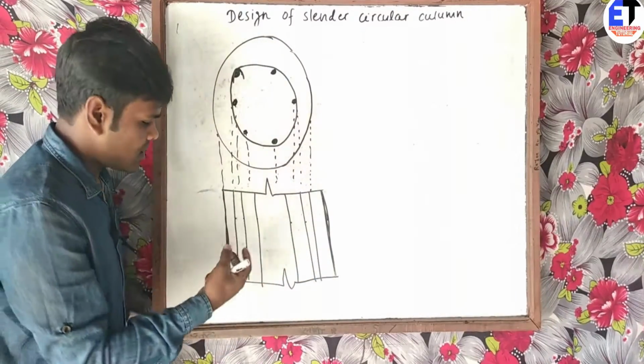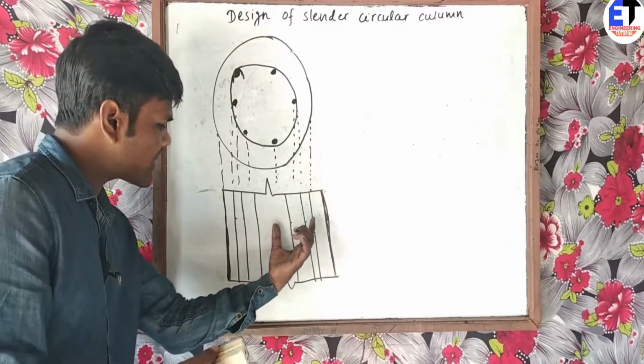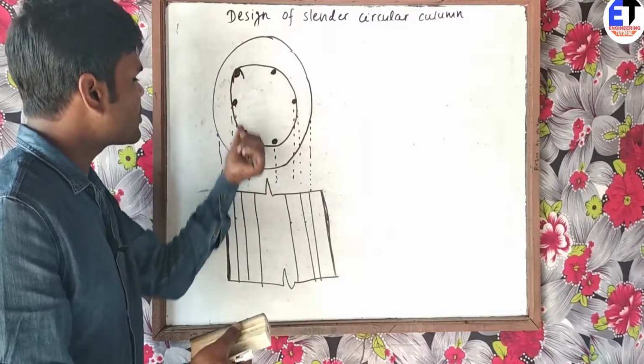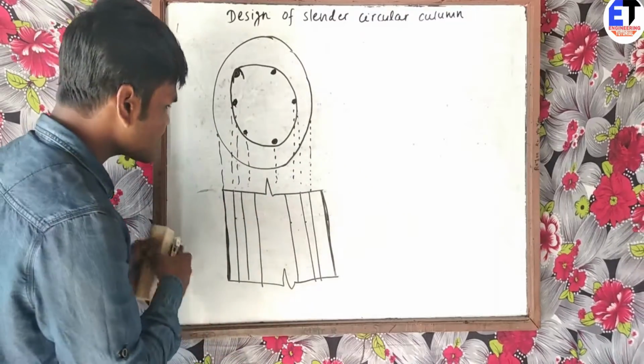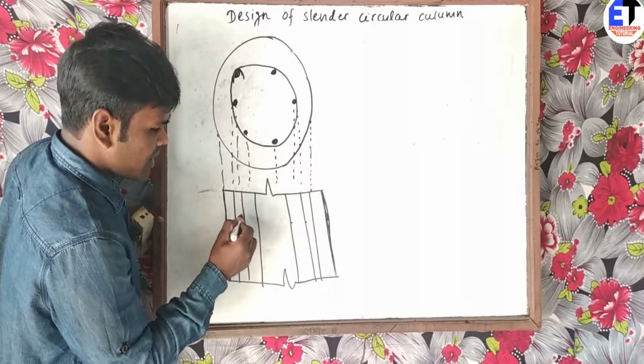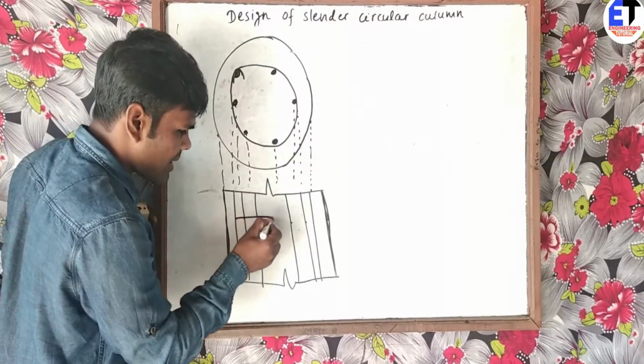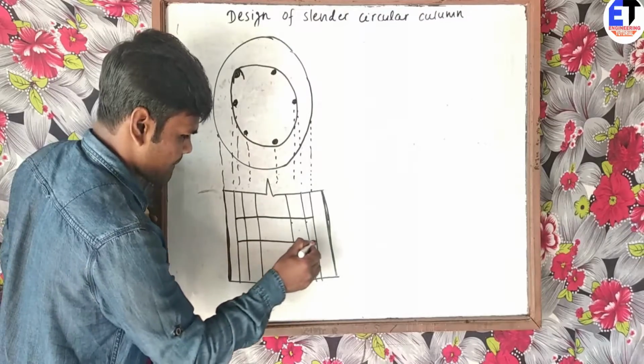The number of main reinforced bars in the column is 6: 1, 2, 3, 4, 5, 6. These main reinforced bars are going to be bound by lateral ties like that.